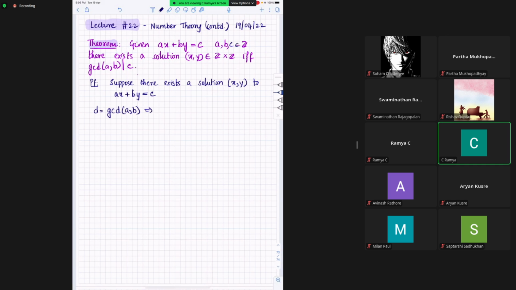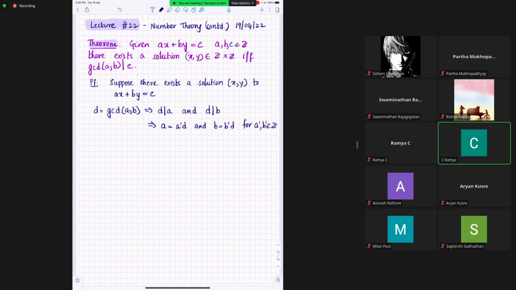This means that d divides a and d divides b. So how can we represent a and b in terms of d? If d divides a, then what can you say about a? a is k1 d for some k. So a is some a prime d and b is some b prime d, for a prime, b prime integers.